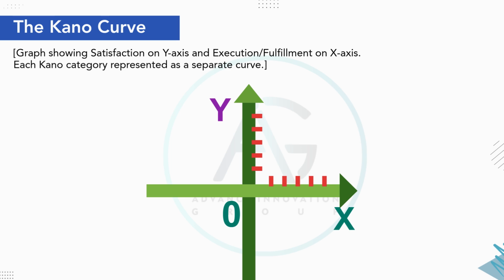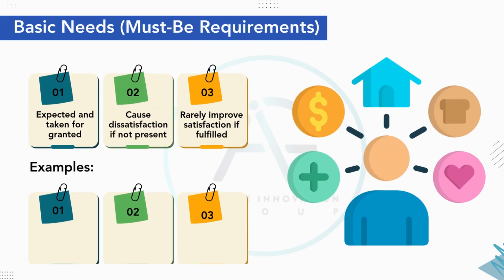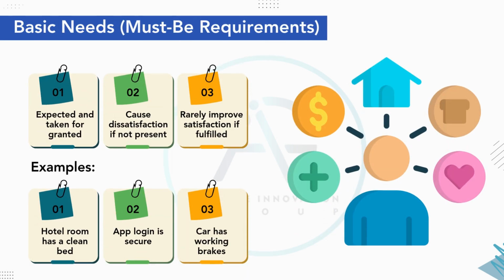Each Kano category we discussed earlier, basic, performance, excitement, indifferent, reverse, is plotted as a different curve on this graph. This curve helps us visualize the relationship between how well a feature is delivered and how it affects customer perception. As we go to the next slide, we will see the actual shape of these curves for each category.